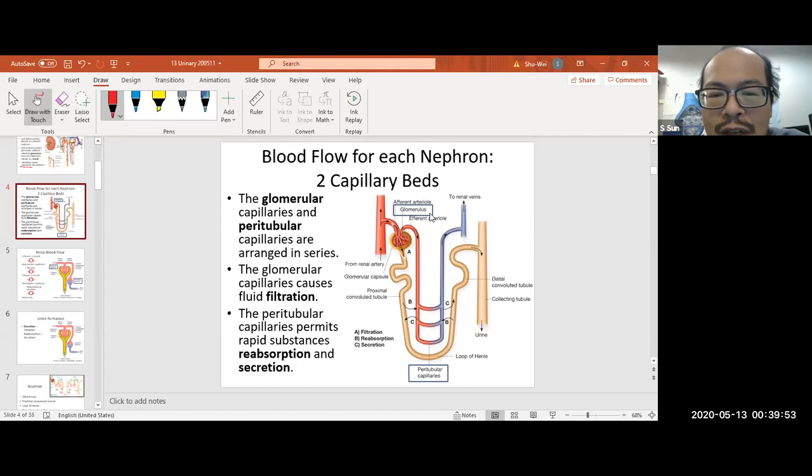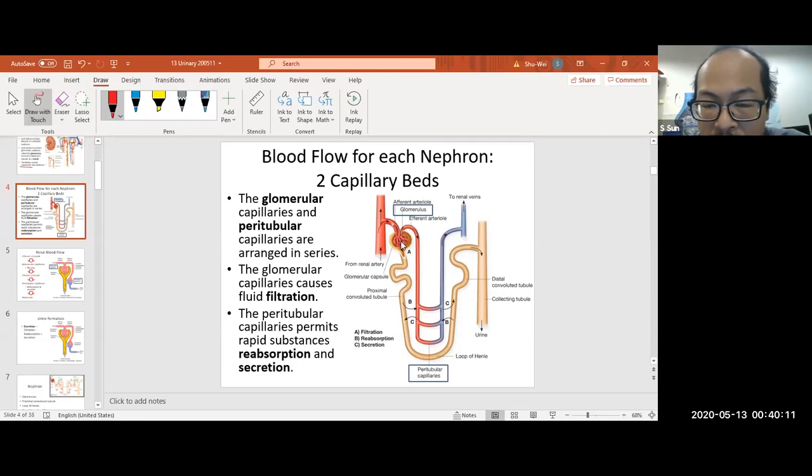So the glomerulus is right here, and blood comes in here, arterial, and flows out. And then here is the strainer.